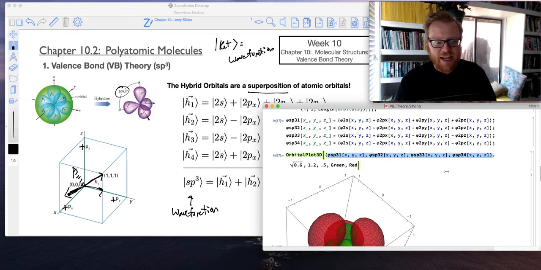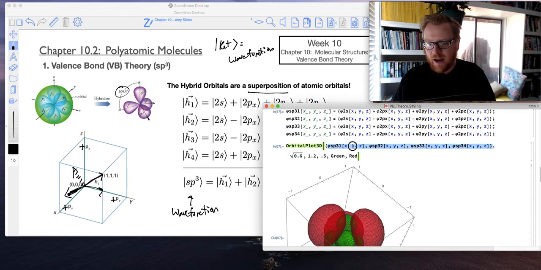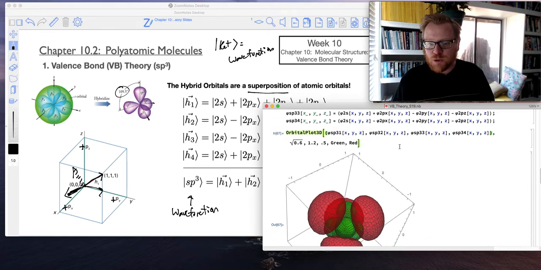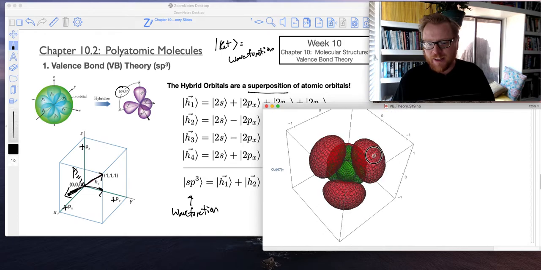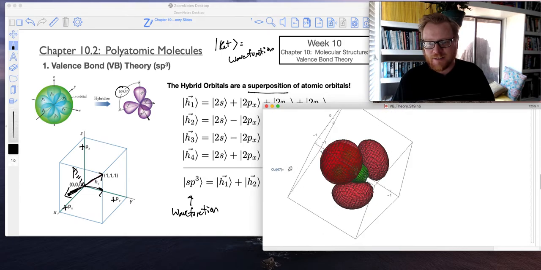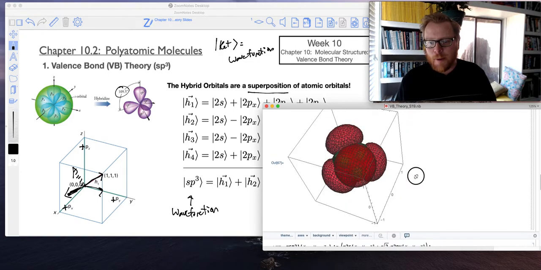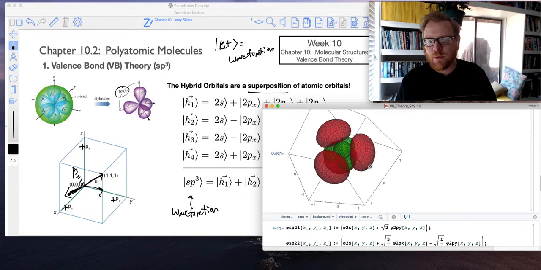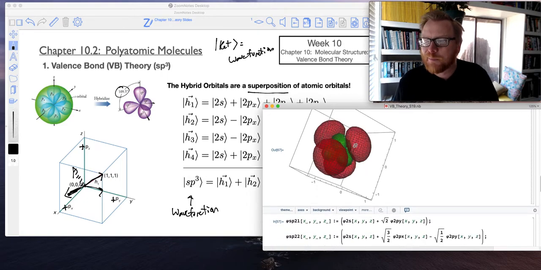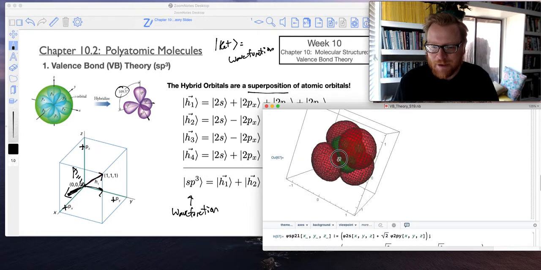I'm not adding them together, but we know that the SP3 will be a superposition of all. But for best visual representation, if you look at them all individually, then we get something like this, which is pretty cool. And I haven't measured the angle between these, but it's 109.5, okay.